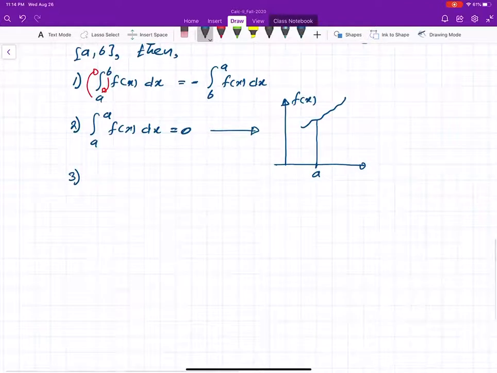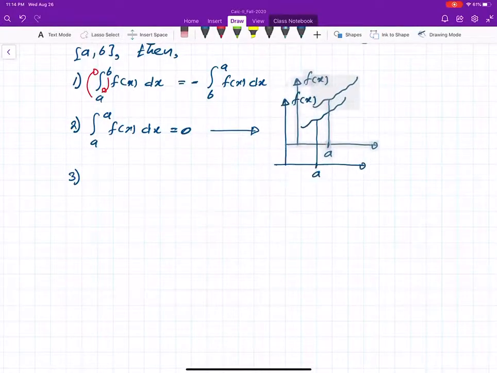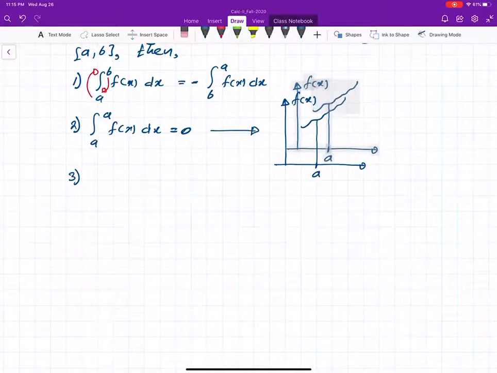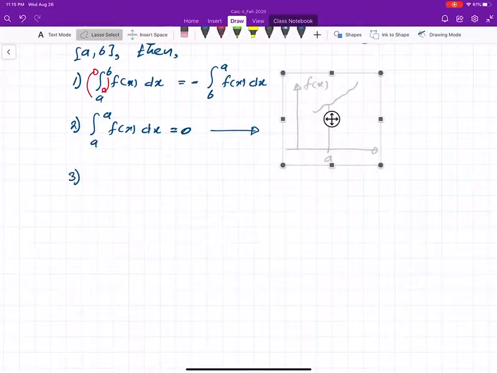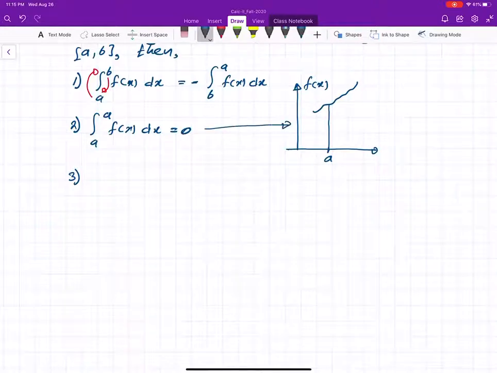Third property. In the third property, we're going to learn splitting of two functions.